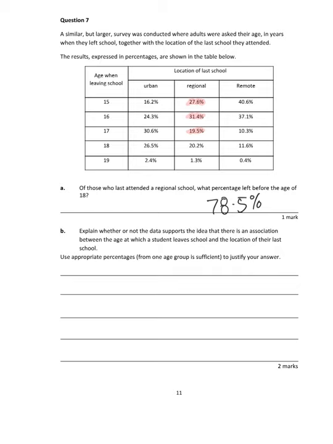We want to know whether people leave school at different ages depending on where they went to school. So is it the same or different in urban areas compared to regional, compared to remote? You can make a judgment by looking at the percentages, as long as you can really justify it.